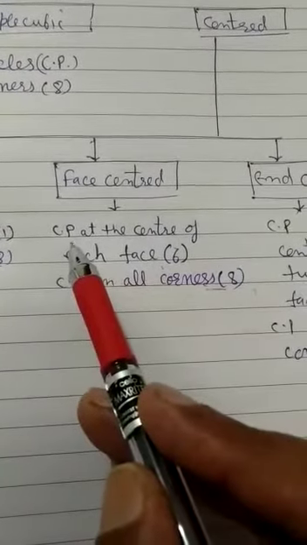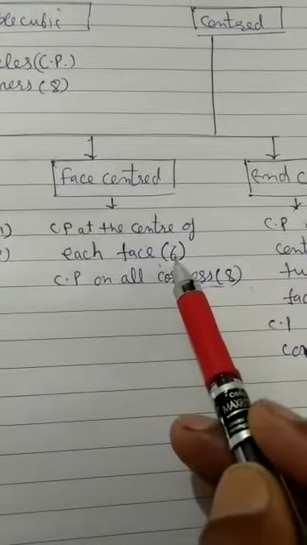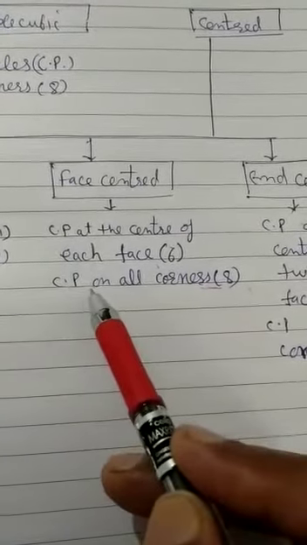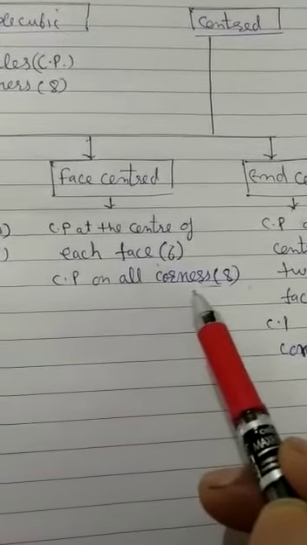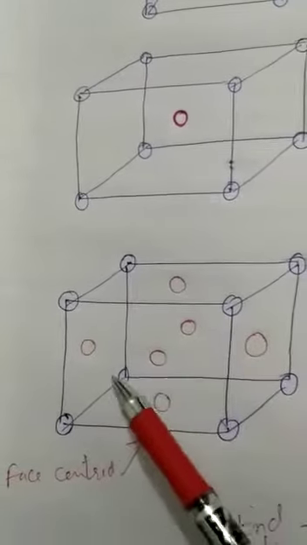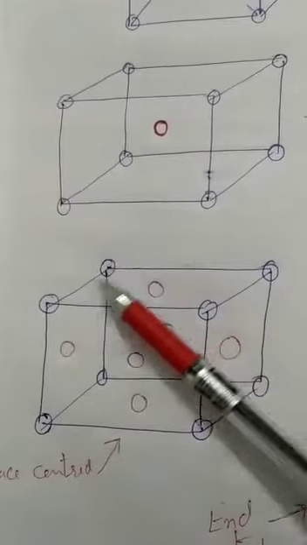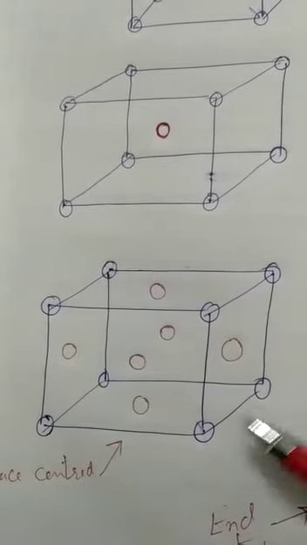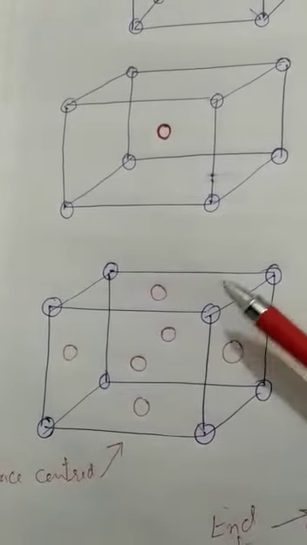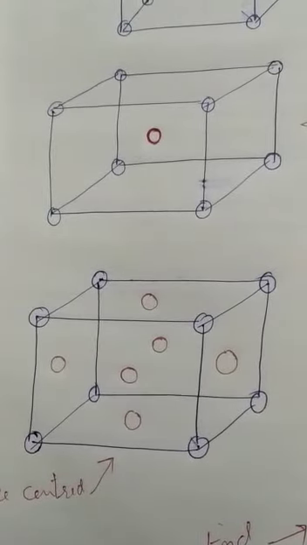So 6 atoms at the center of each face and 8 atoms on the 8 corners. So let us see the diagram. This is face centered unit cell. It has atoms on 8 corners as denoted by blue circles and 6 atoms at the center of each face.